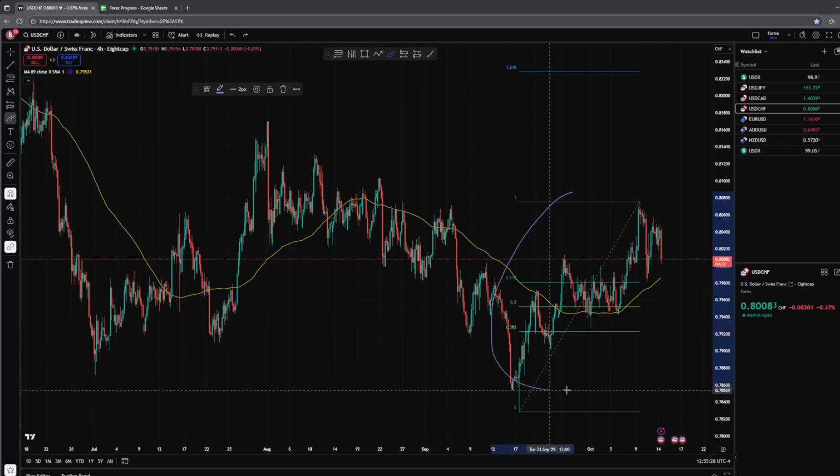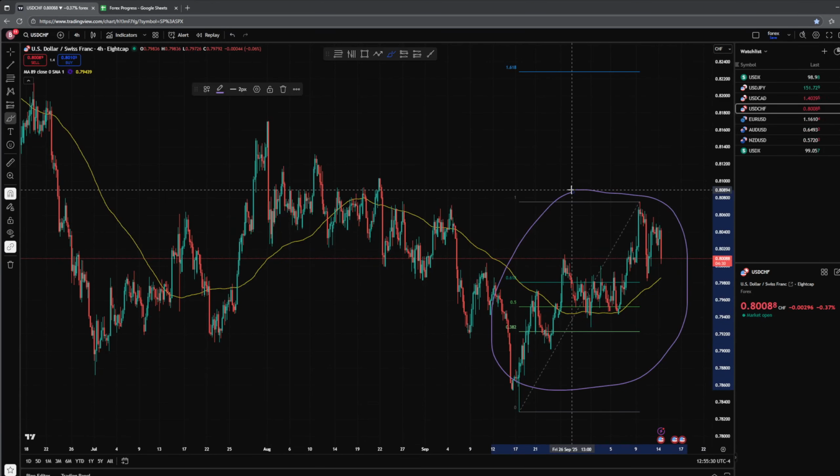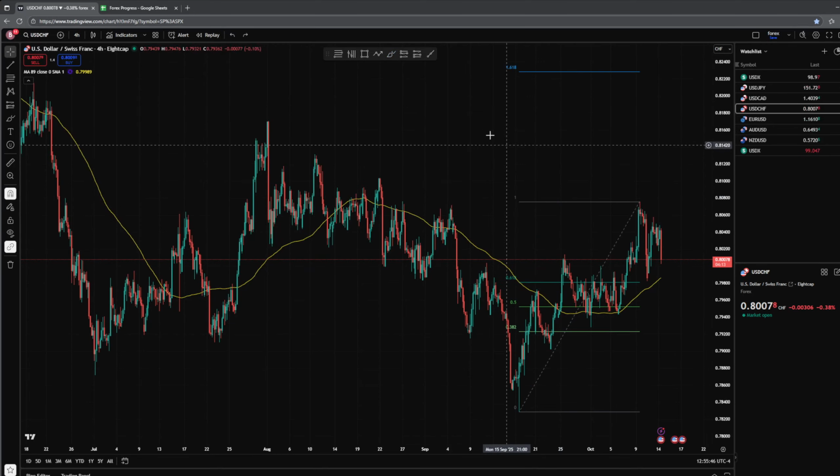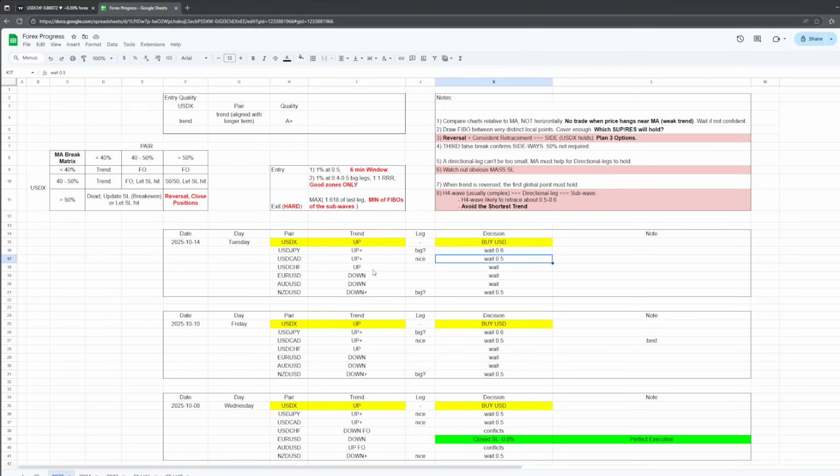So here the market is turning into a trend reversal. For that reason, I would like to choose pairs where longer and shorter term trends both align. So I wouldn't recommend trading USD Swiss franc right now. USD Canada dollar and USD Japan yen look much better than USD Swiss franc.